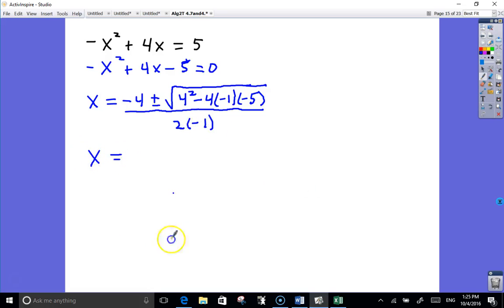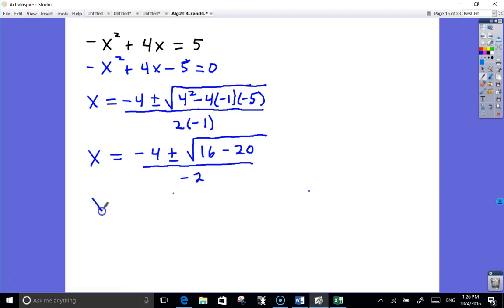X equals negative 4 plus or minus the square root of 16 minus what? Minus 20. The negative 1 times negative 5 is positive 5 times 4 is 20, over negative 2. So x equals negative 4 plus or minus the square root of negative 4 divided by negative 2.